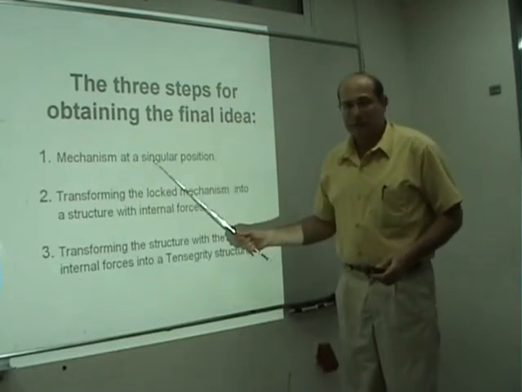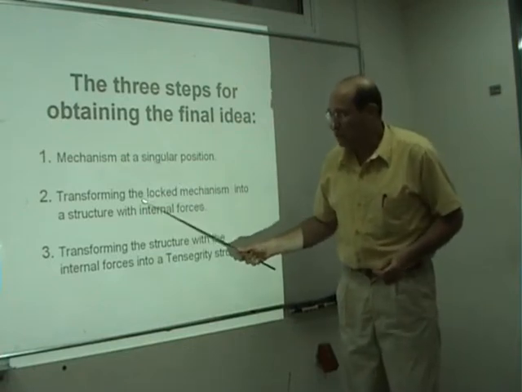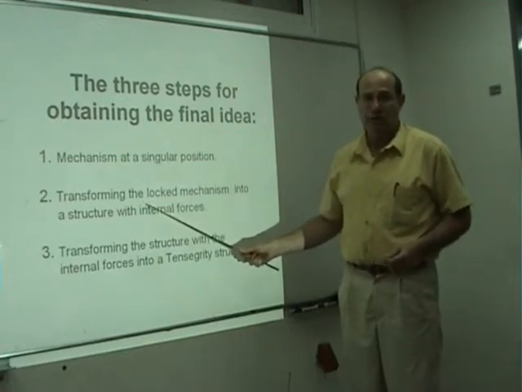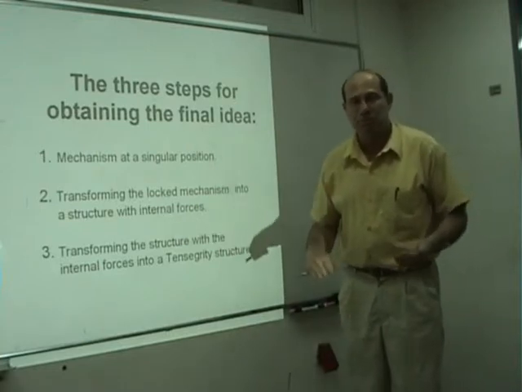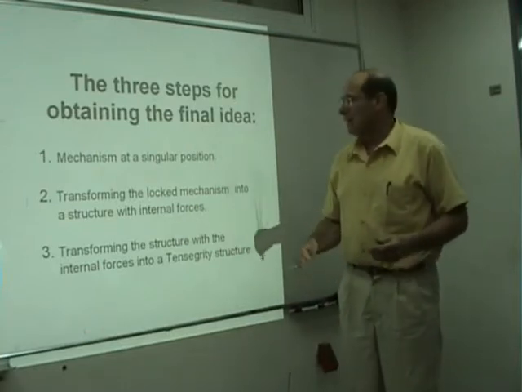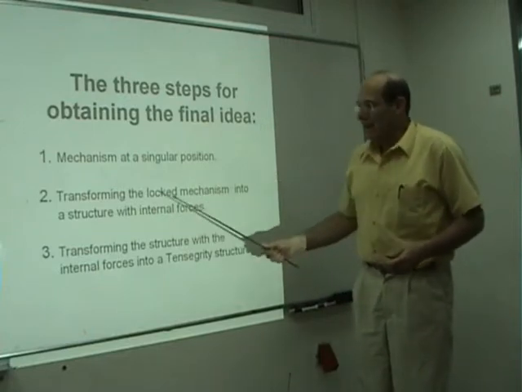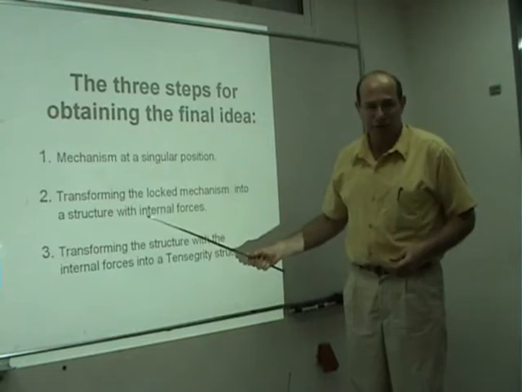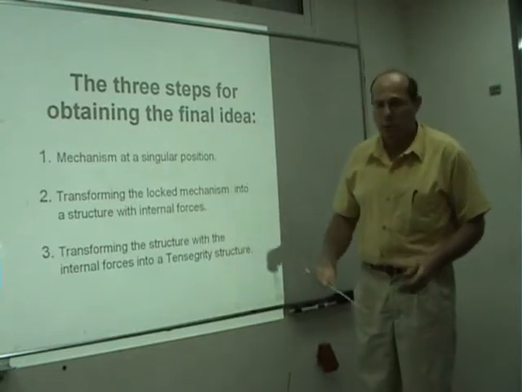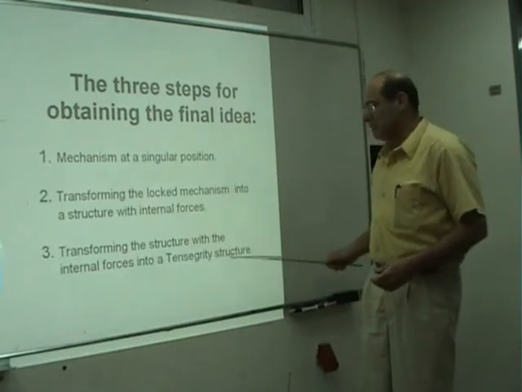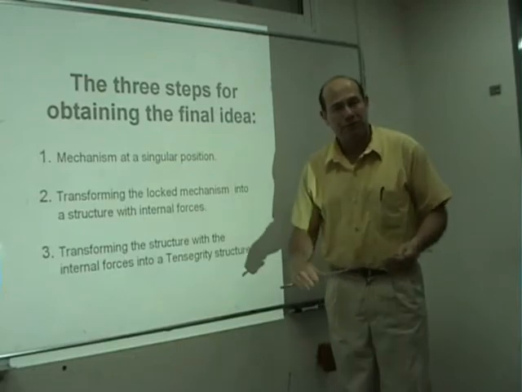Then, when we have a mechanism at a singular position, we can transform it to a regular structure, but the structure has special properties. It has internal forces. Then, when we have a structure with internal forces, we transform it into a tensegrity structure which has special properties that we can see.